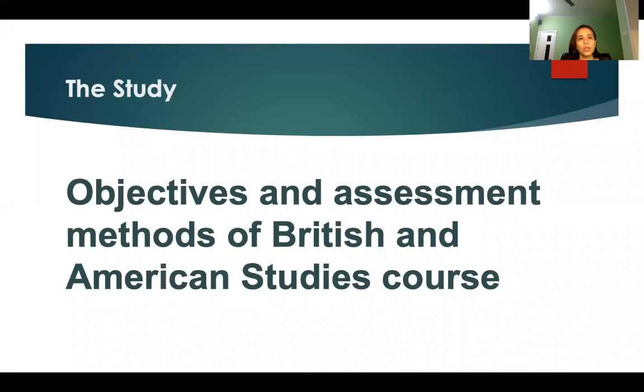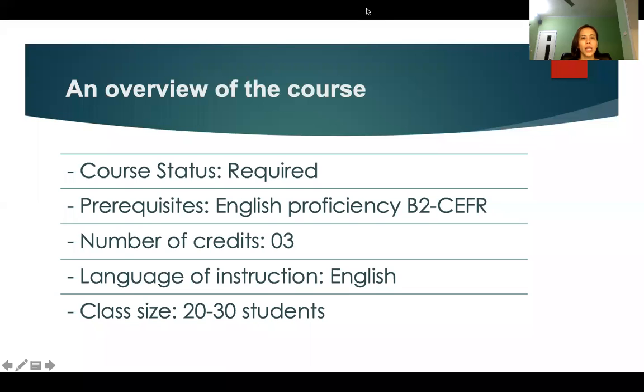In our research, we study the objectives and assessment methods of a course of British and American studies in a university in Hanoi. First, let's have some overview of the course. This course is a compulsory course for third-year students, and the English competence of the students must be B2.